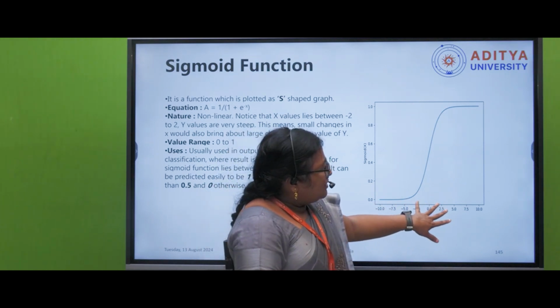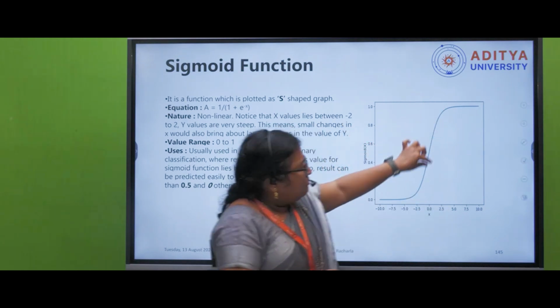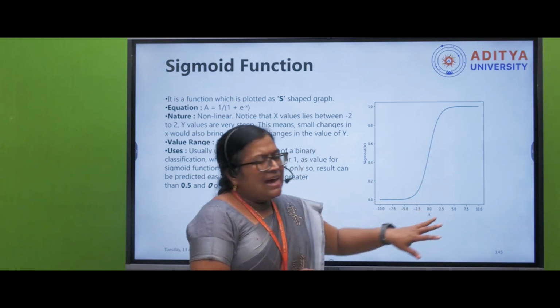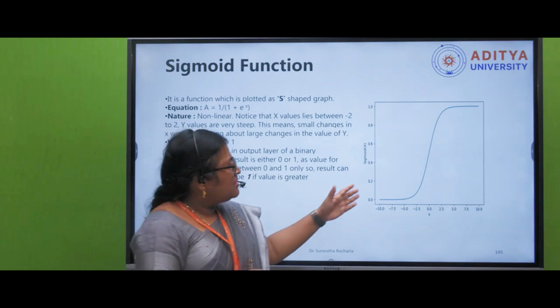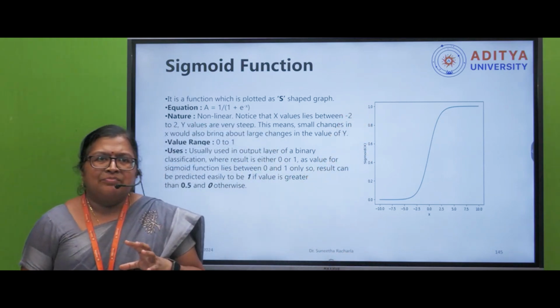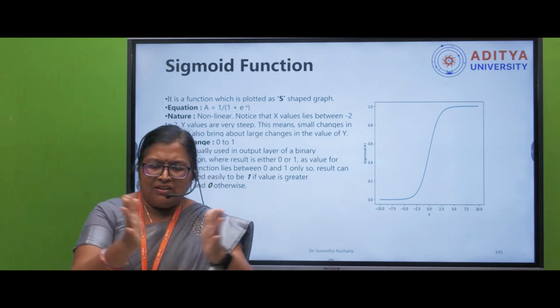In this small range the y has a vast deviation. Whenever there is a very small deviation in x, y has a very large deviation, which means the algorithm is able to capture it.